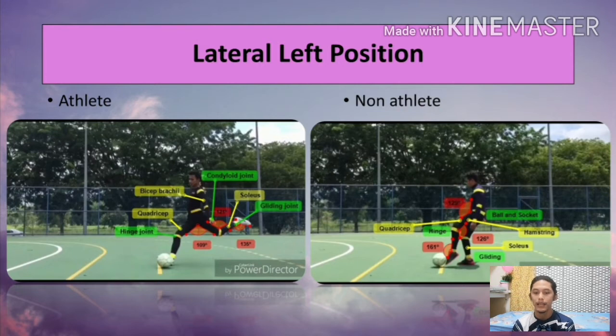The muscles involved in this position are biceps brachii, quadriceps, soleus and hamstring, while the joints involved in this position are hinge joint, condyloid joint, gliding joint and ball and socket. That's all from me. Thank you.